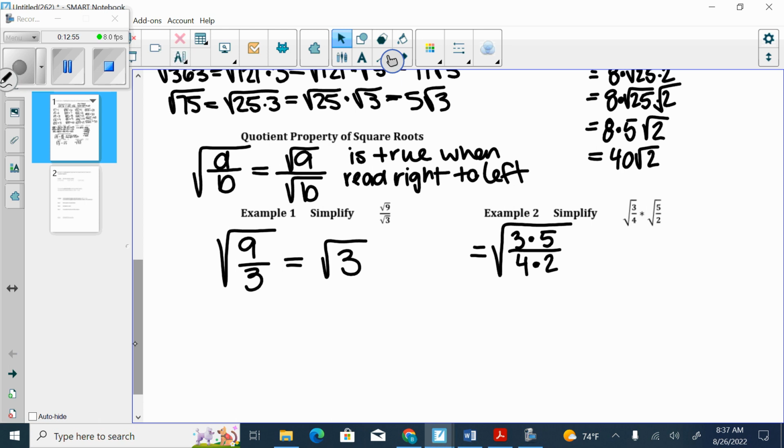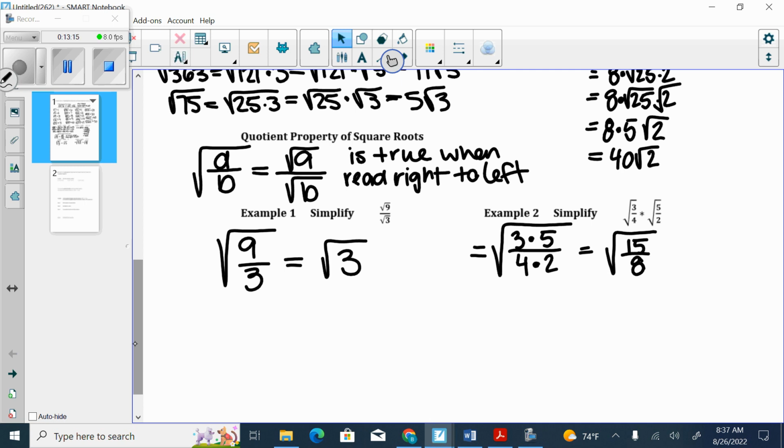So we would want to go ahead and multiply those terms. So this is going to become square root of what? Very good. Now, is 15 divisible by 8? No. So it's not really helpful for us right now to be written this way.